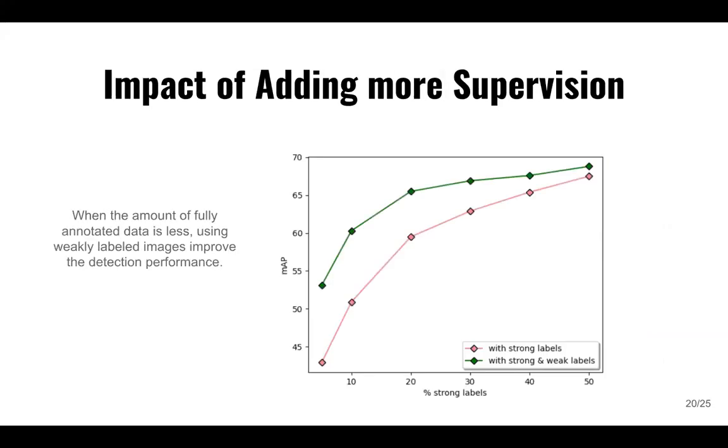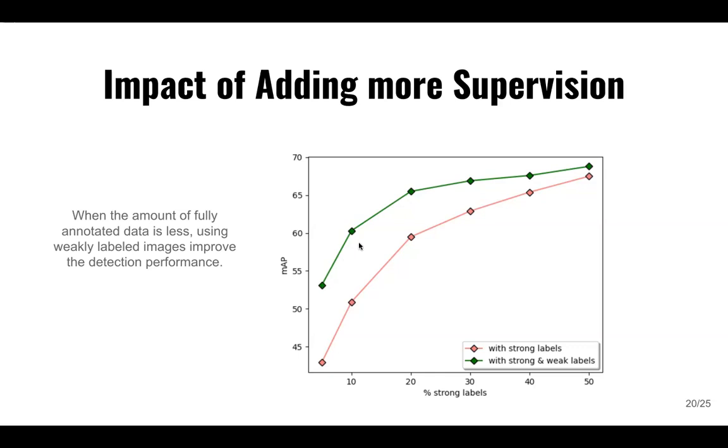And then the next thing that we checked is how this design is improving the generalization. For that, we compute the performance at different levels of supervision. Here we use Pascal VOC, and I vary the amount of supervised samples, and in the red curve, I plot the mean average precision, which is the standard metric usually used for detectors. In the red curve, I plot the performance when I use only the labeled samples.